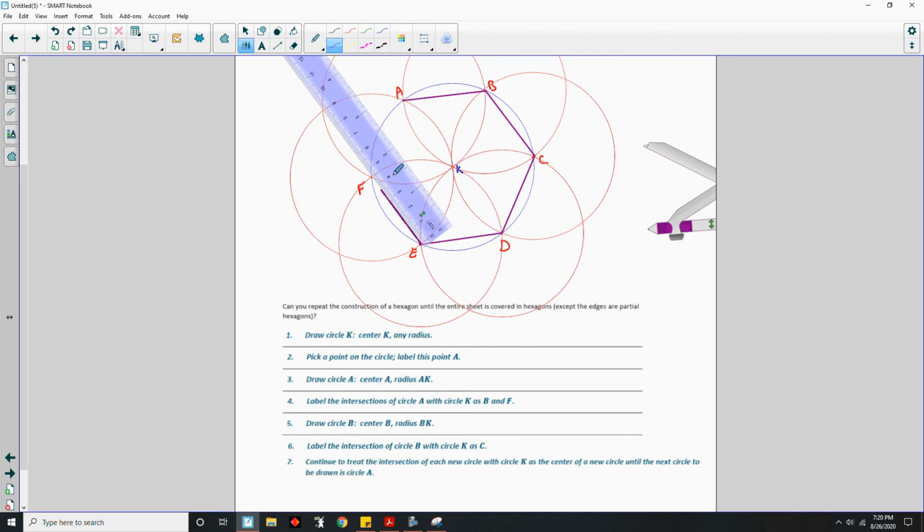And then I draw a line segment from E to F, and then finally put my 0 on F. Rotate it to A. Draw your segment.